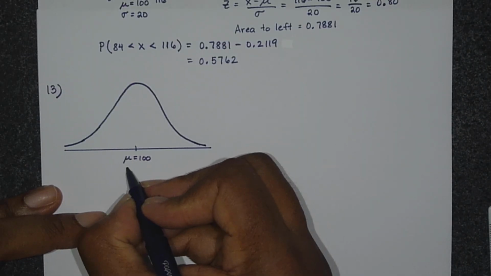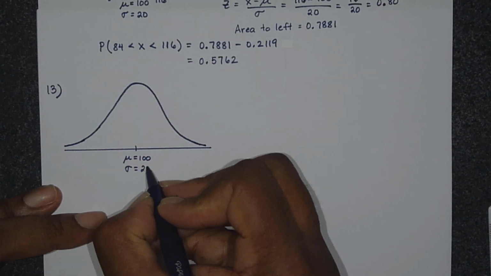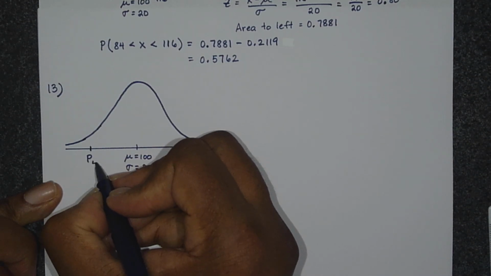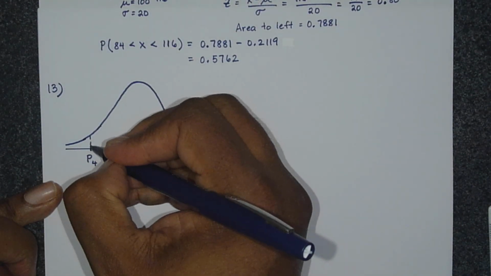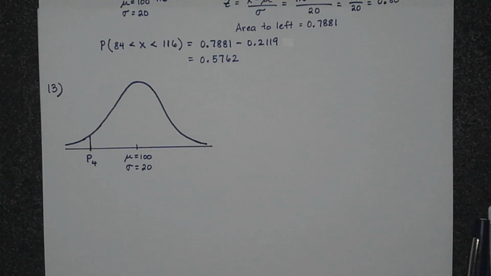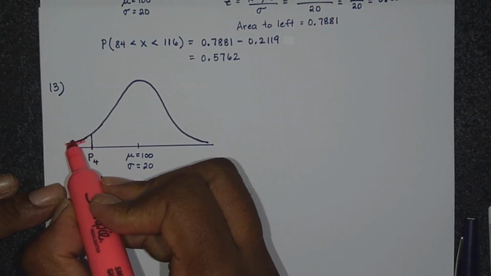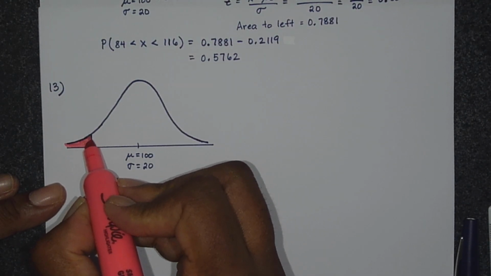Mu is 100, standard deviation of 20. P4 is going to be on the left-hand side because that represents the bottom 4%. And the bottom 4% would be this area to the far left.